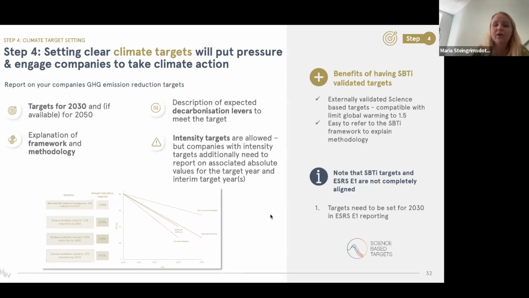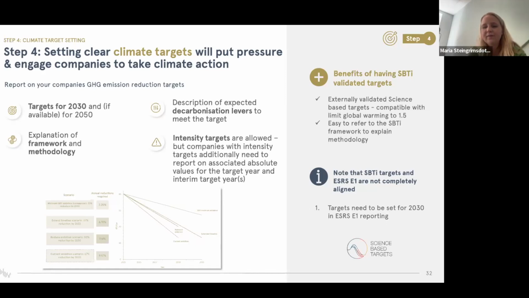If your company already has set science-based targets, then you are very well set up for reporting on the data points related to targets. And there are definitely a lot of benefits to draw from having validated SBTi targets.